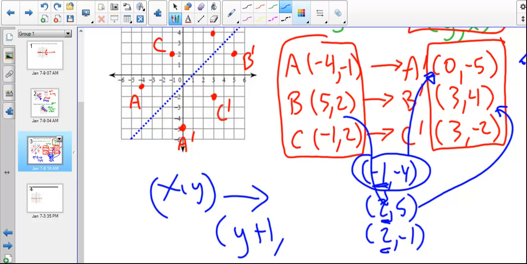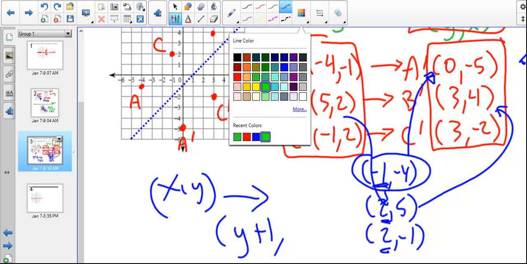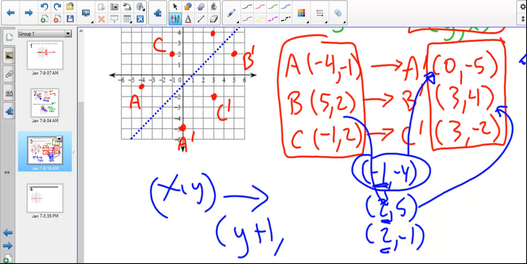And then I can look at the same thing with the y coordinates, right? So -4 turned into -5. 5 turned into 4. -1 turned into -2. So this number is 1 less than this number every time. So it's just like my x coordinate, but I'm subtracting 1 each time.